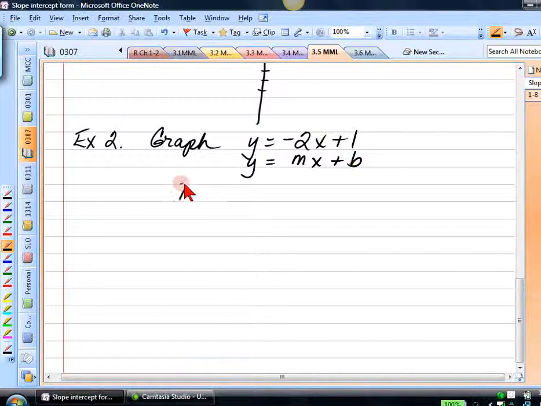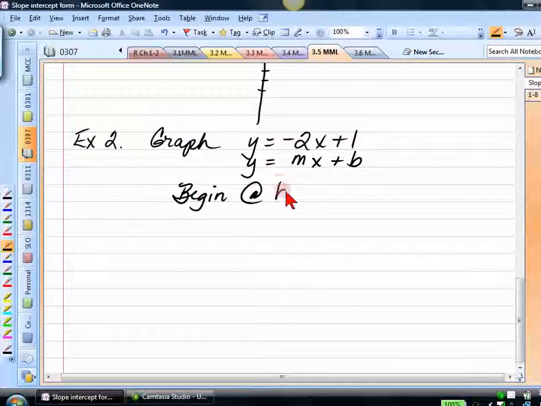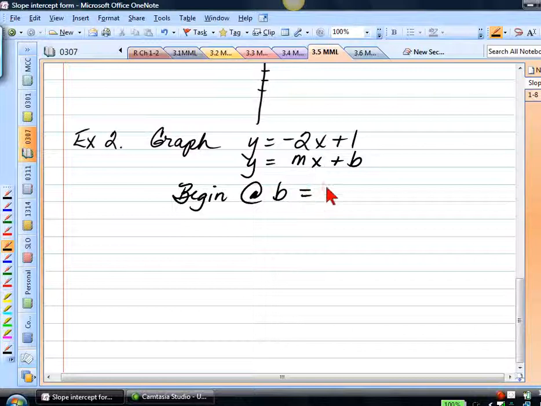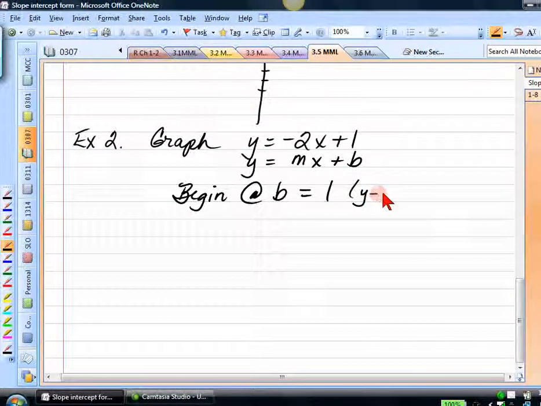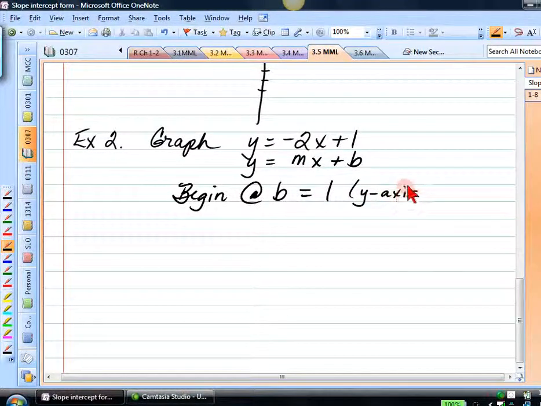Where will I begin? At b, which is 1. I will begin at 1. And where do I find this 1? On the y-axis. Very important that you remember it's a y-intercept.